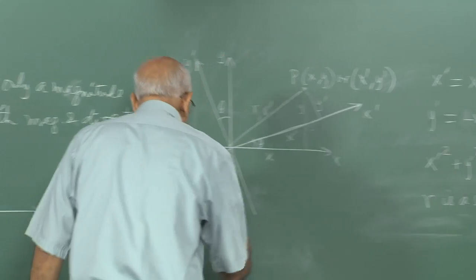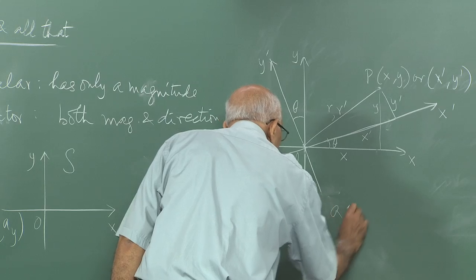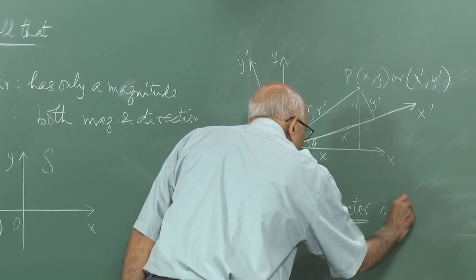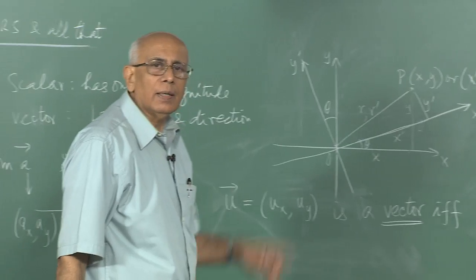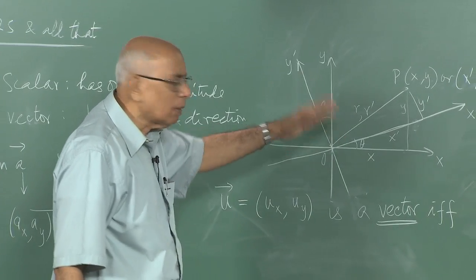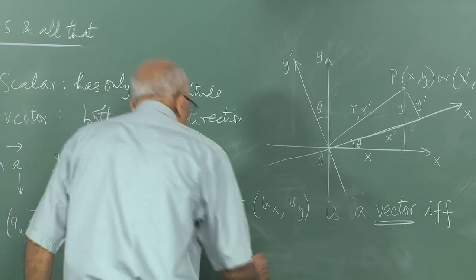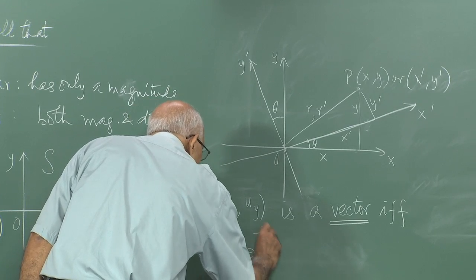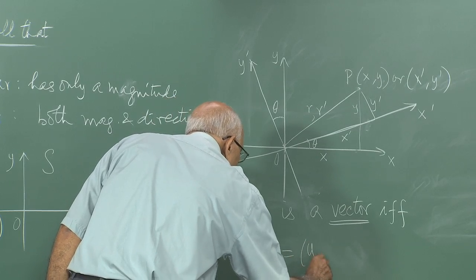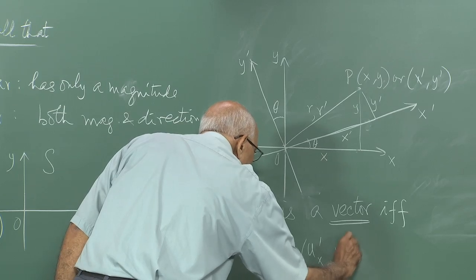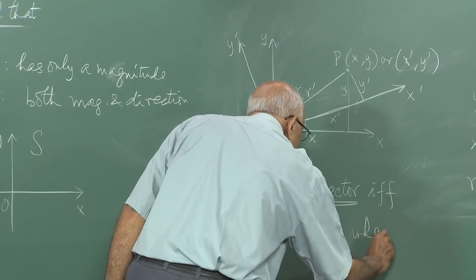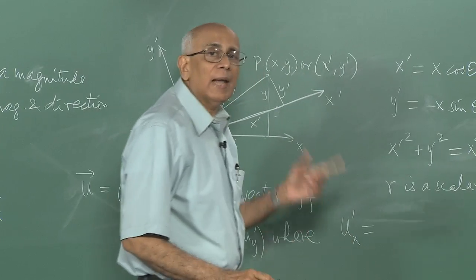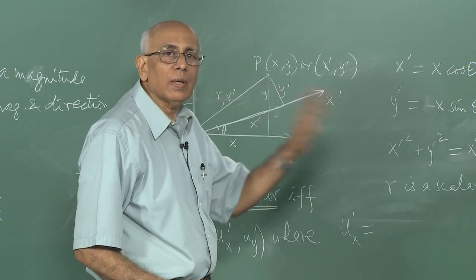So this is a vector if and only if under a rotation of the coordinate axis through some arbitrary angle theta, u goes to u prime, which is equal to ux prime and uy prime, where ux prime must transform exactly like the corresponding component of the coordinate itself.